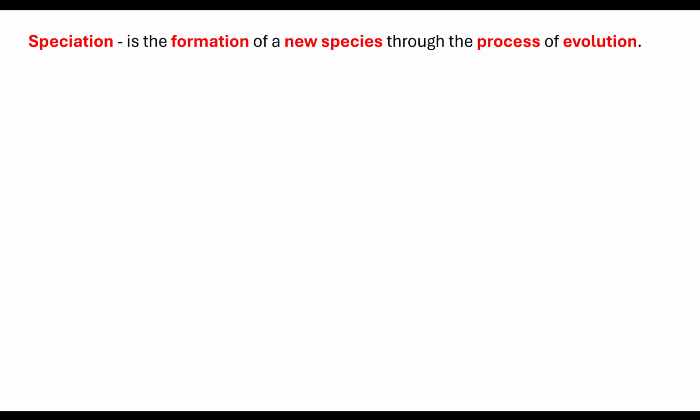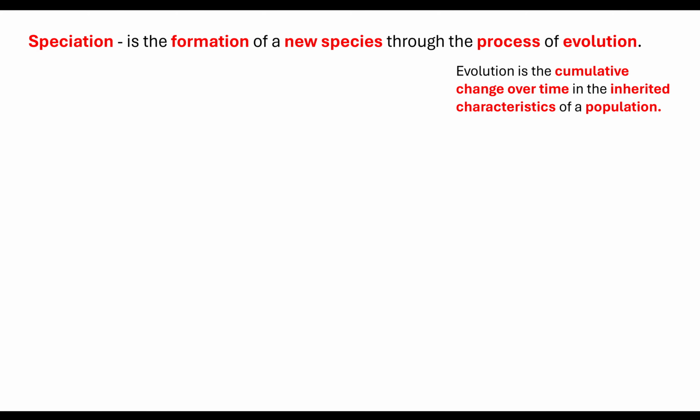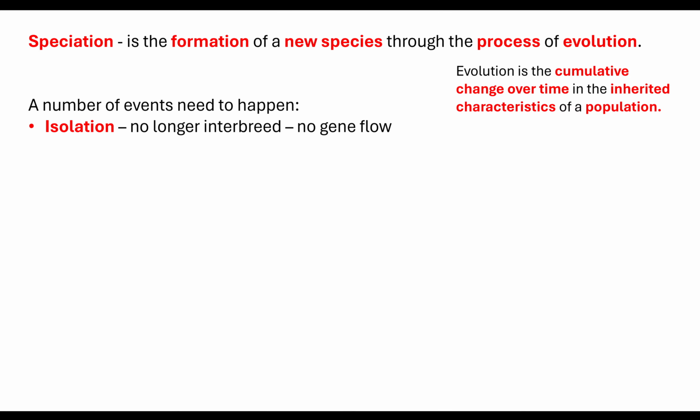So speciation then is the formation of a new species through the process of evolution. Evolution is the cumulative change over time in the inherited characteristics of a population. There are a number of events that need to happen for speciation to occur.